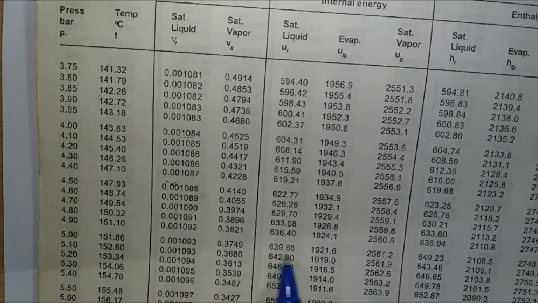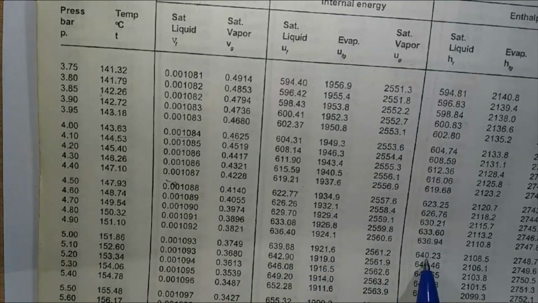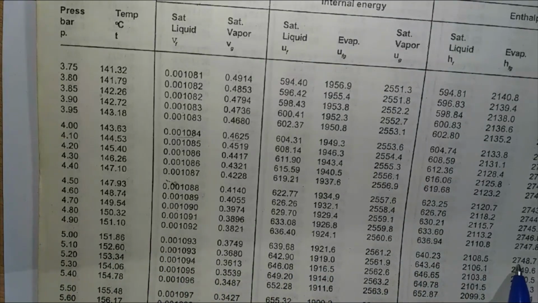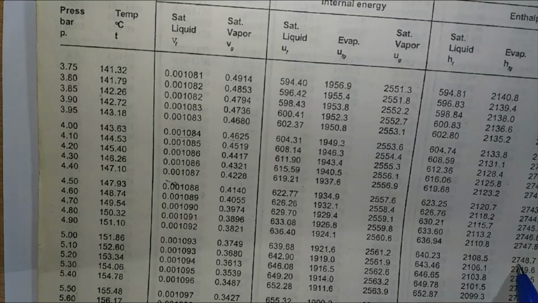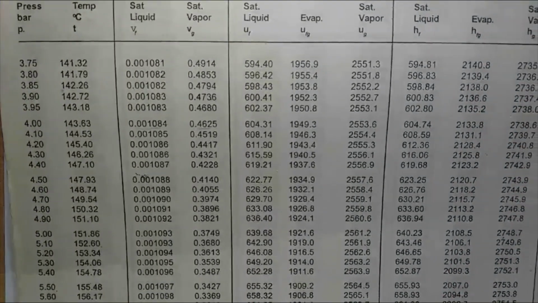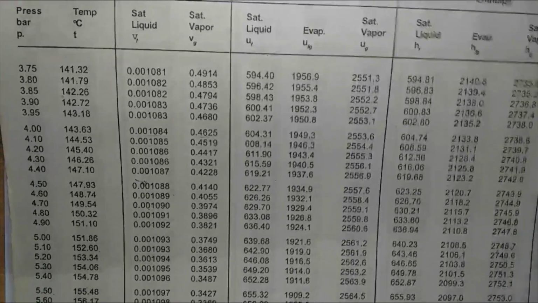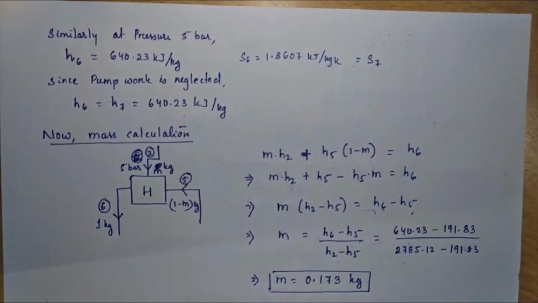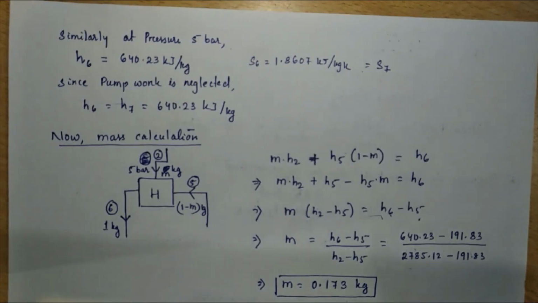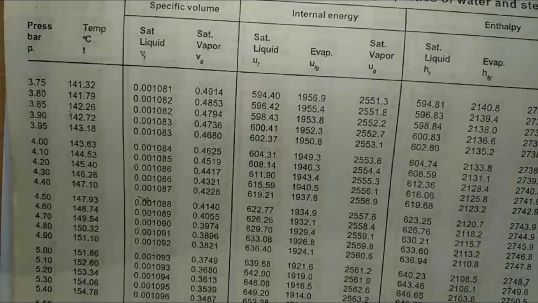So here is its enthalpy Hg, that is 2748.7 kilojoule per kg. Sorry, this is Hg.